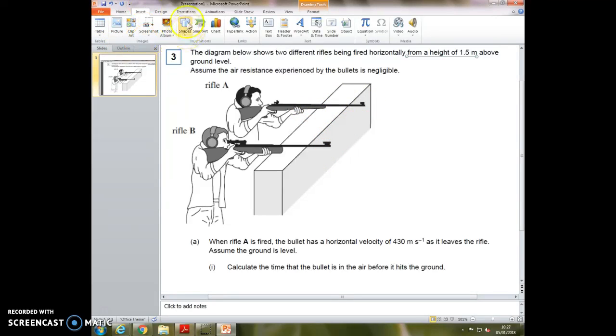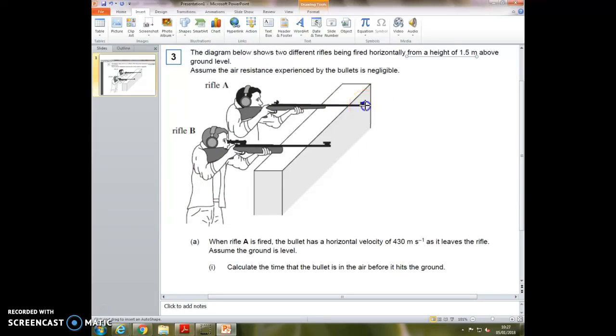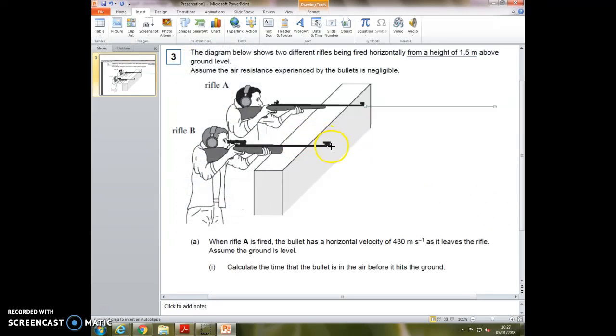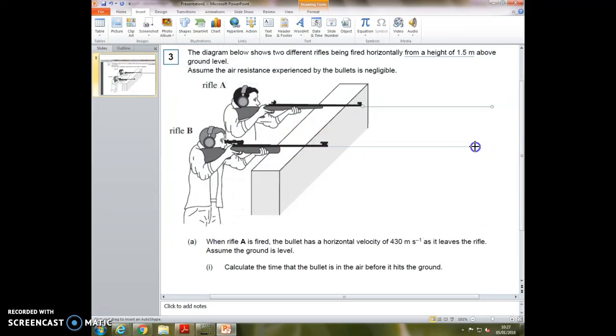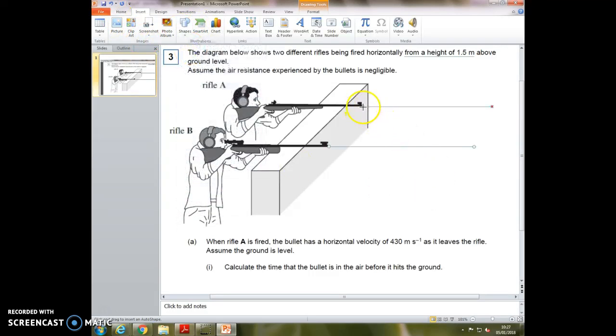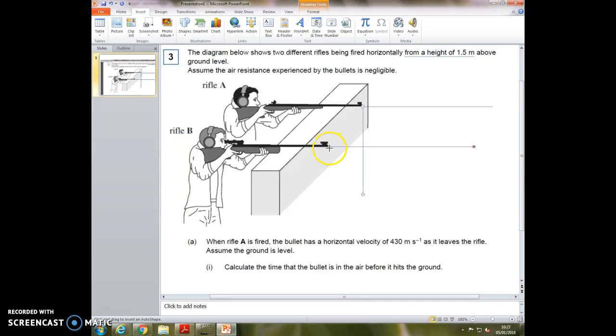We're going to get a situation where you're going to combine two motions. The first one is a horizontal motion for both of them. And the second one is a vertical motion due to an acceleration from gravity. Now, one of these is accelerating and the other one is not.